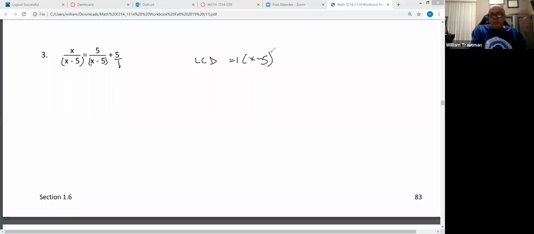If you put a 1 here, 1 times x minus 5 is still x minus 5, so you don't have to put the 1 there. So this is our LCD. Does everybody get that? Do you see how we get the LCD so far? It's just one of each item, and you don't repeat.